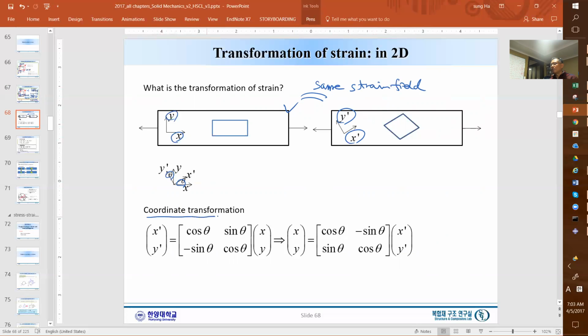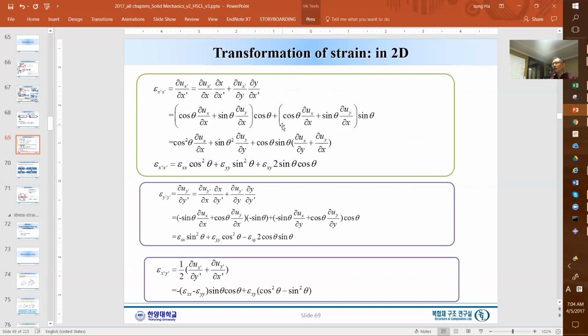And for coordinate transformation from one axis to the other axis, we do know there are simple transformation rules. But here, what we would like to do is derive the transformation rule from one coordinate to another coordinate. Very similar concept to a stress field, stress transformation. The way we derive the strain transformation is to use the definitions, epsilon x prime.